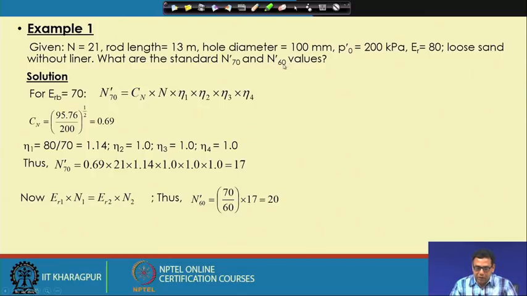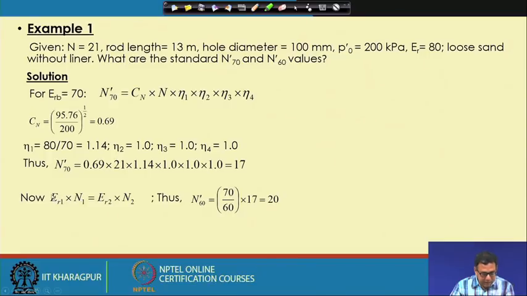Now, if I want to convert this to N dash 60, then we can write this expression: ER1 into N1 equals ER2 into N2. So, your N dash 60 will be 70 divided by 60 into 17, because 70 is the standard energy ratio for N1, which is 17.